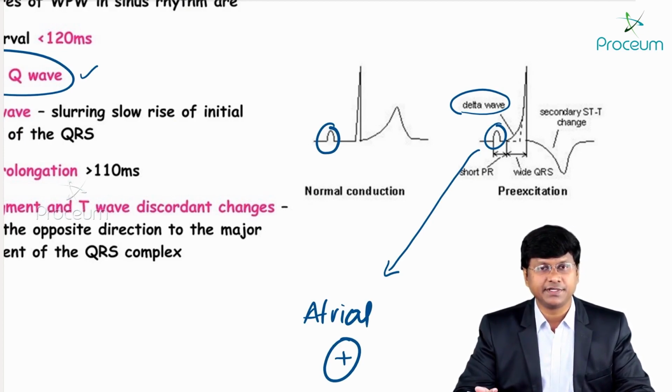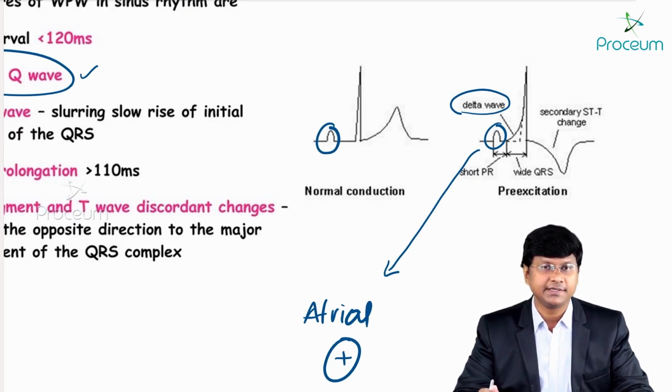Actually, your Q wave is due to interventricular septal depolarization. And here, in the pre-excitation syndromes, the impulse to the ventricle is not reaching through the AV node initially. That is the reason why you will not have the Q wave. First, the ventricular wall gets depolarized. Now, the point you should understand here is that the ventricle is getting depolarized through the accessory pathway.